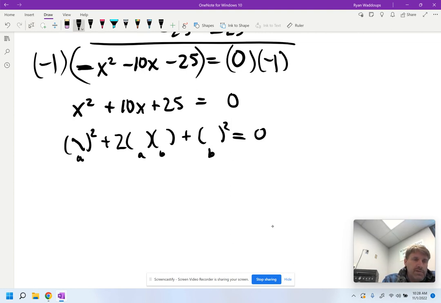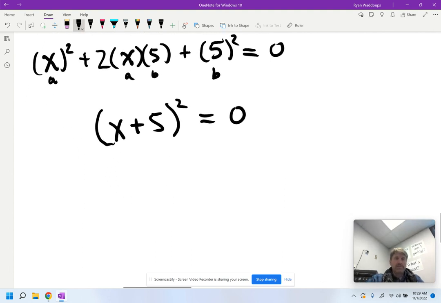So I know that x squared is x squared, so my a is x, and I know that b is 5. 5 squared is 25, and so b is 5. And I just check to see if 2 times x times 5 is 10x. 2 times x is 2x, times 5 is 10x. So sure enough, now I can just go straight to my factors, which are x and 5 with a plus in between them. That's equal to 0.